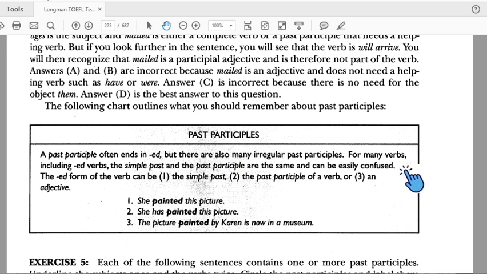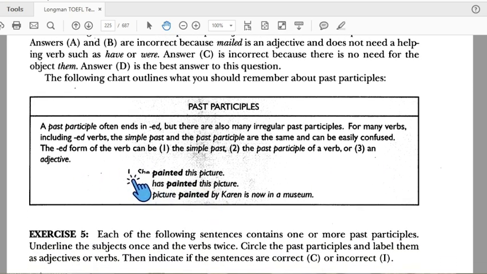For many verbs, including ed verbs, the simple past and the past participle are the same, so they can be easily confused. Either form of the verb can be a simple past, a past participle of a verb, or an adjective. This is the simple past. This is past participle if it meets has or be.